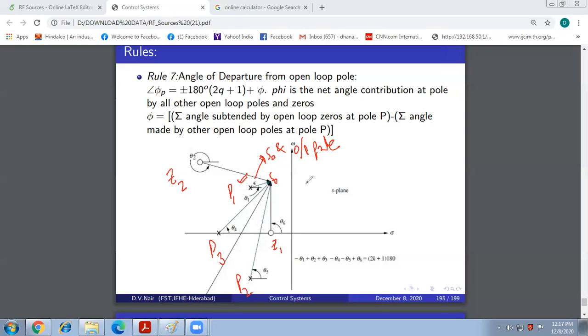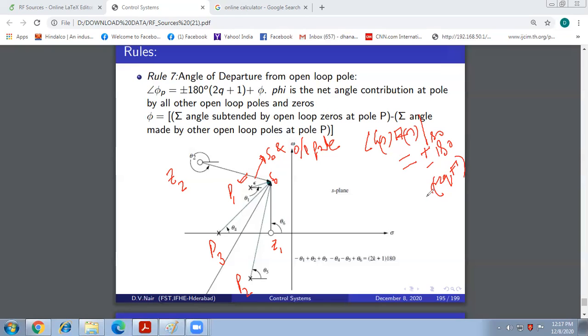So we know the angle criteria of G(s)H(s) for any point to lie on the root locus: the angle subtended at that point S naught by the open loop transfer function G(s)H(s) should be an odd multiple of 180 degrees.